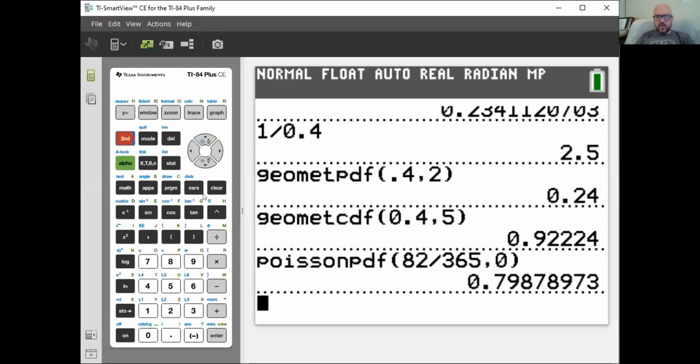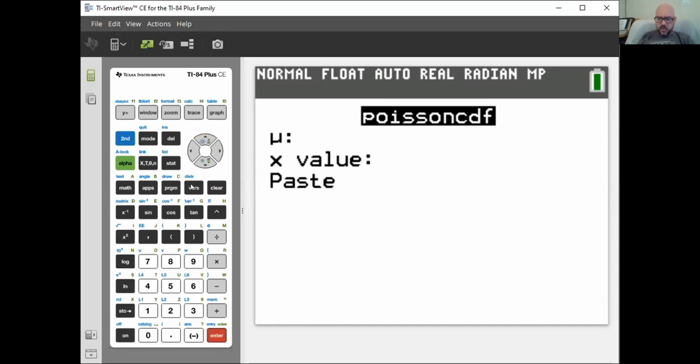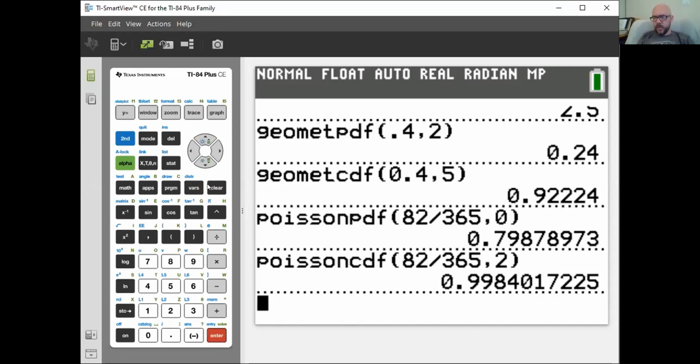So we're going to do distributions, Poisson CDF, 82 over 365, X value of 2. Paste it up, 99.84%. So it's very, very rare to get more than 2 shark attacks in a day. 0.16%. All right, let's go write this down.